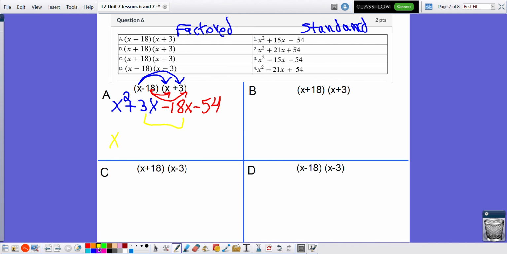So x squared, 3x minus 18x will give me negative 15x, and we have negative 54. So now we can match it to the standard equation. So x squared minus 15x minus 54 will be number 3. If you're having problems working with negative numbers, I suggest you use your calculator. I'll let you go ahead and work on letters B, C, and D.